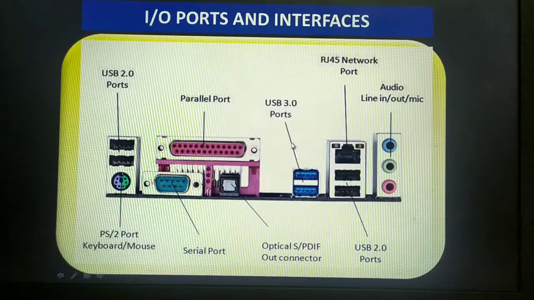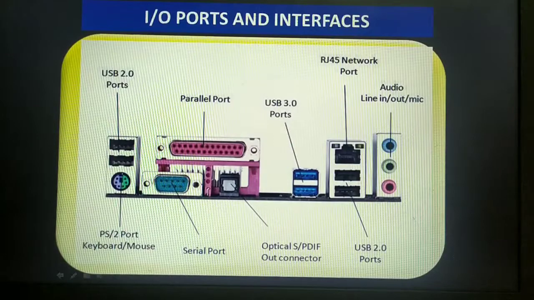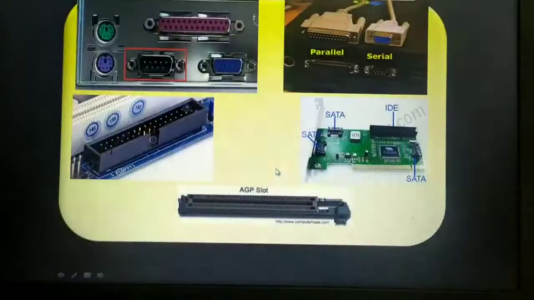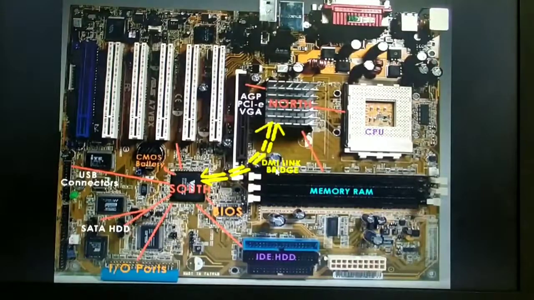Here IO stands for input output ports, which are available on the back side of your computer in order to connect external devices like modem, printers, scanners, keyboard and mouse directly to the computer's motherboard. All these ports are directly connected to the motherboard.